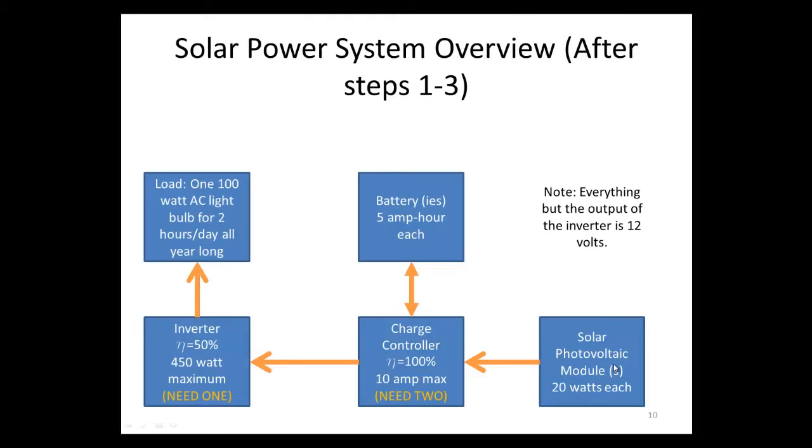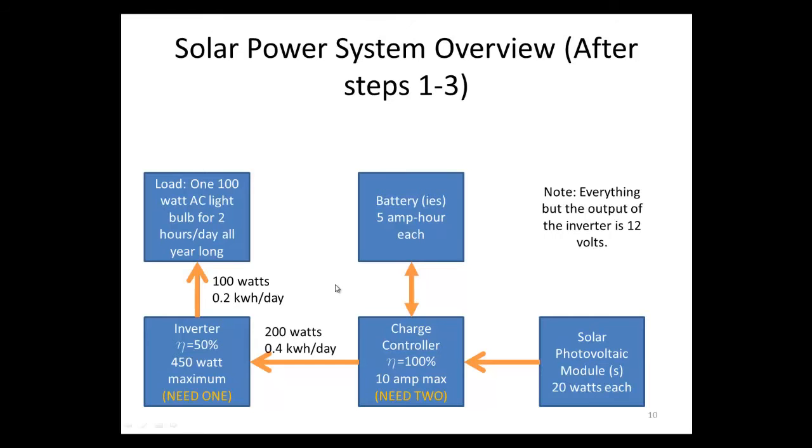Okay, so let's review a little bit what we've done so far. We found that we need one inverter and two charge controllers. We also found that going to the load is 100 watts when it's on, and the energy needed is 0.2 kilowatt hours per day.